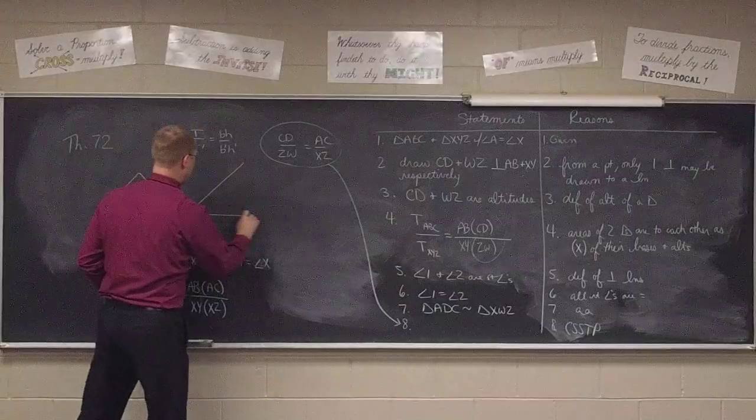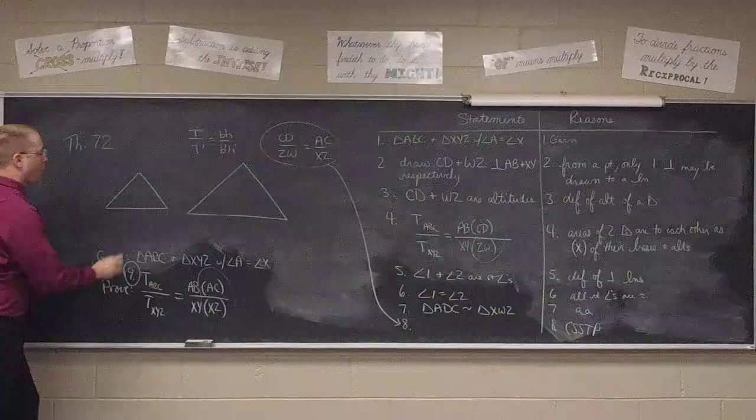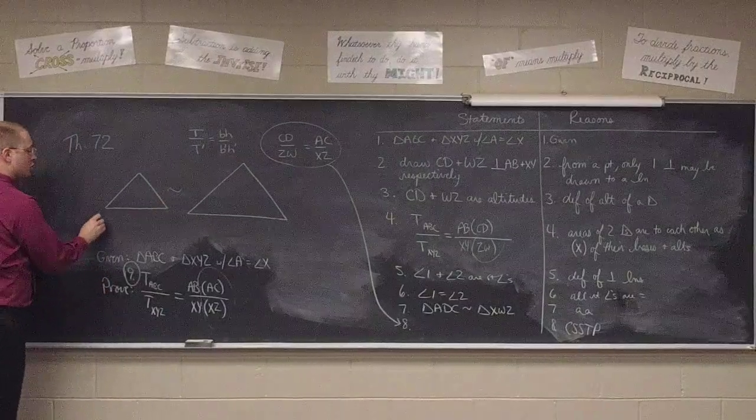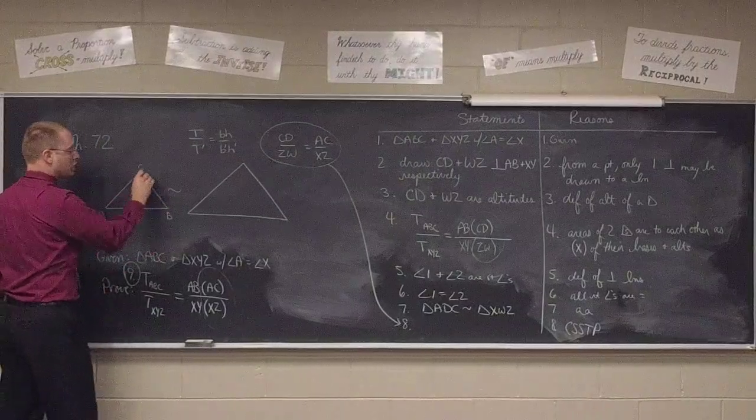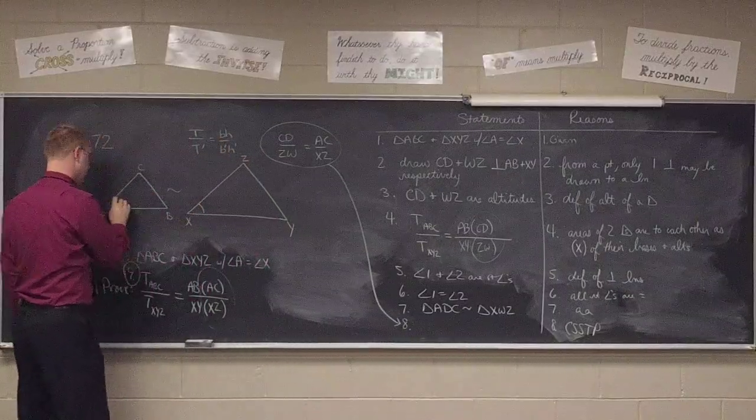Can you say it again? The areas of two similar triangles are to each other as the squares of any two corresponding sides.